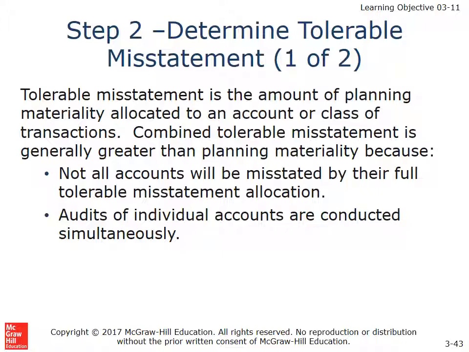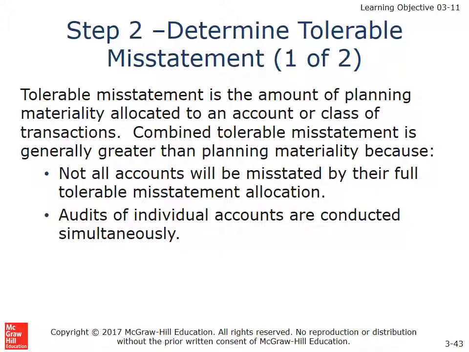Because let's say, no, it's usually about 50%. 50% of materiality, my materiality level, that could be the misstatement in my account. So 50% of cash, 50% of accounts receivable, 50% of each balance you're taking now. When you add up all of those results of how much you can tolerate, it's going to be higher than your overall material misstatement.